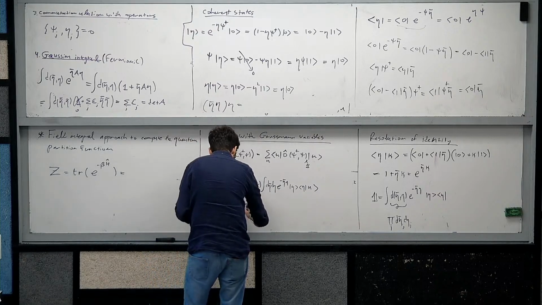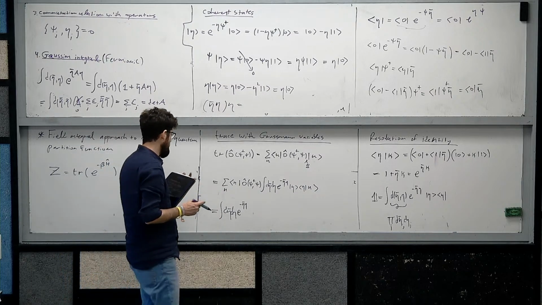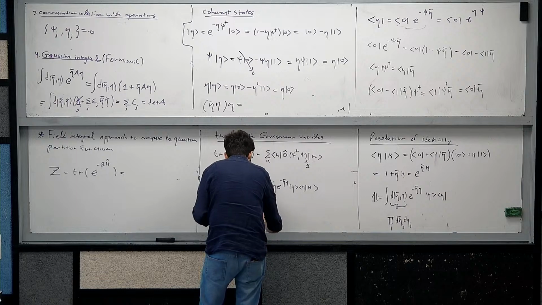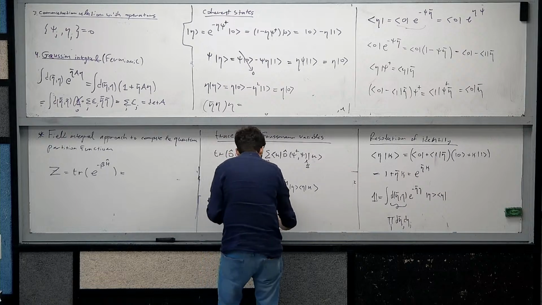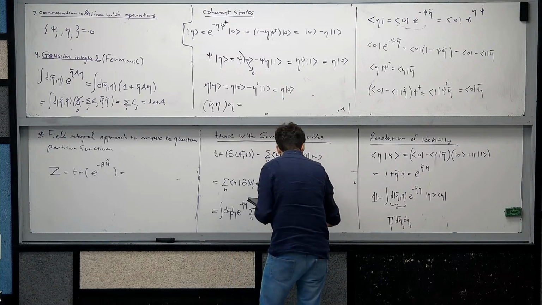So for any minus sign, I collect two such minus signs. And then I have a sum over n of n, O of psi dagger psi, eta eta n.